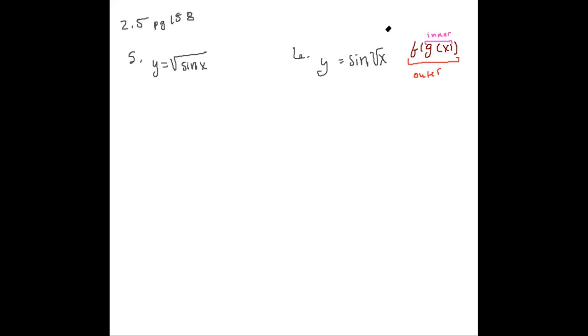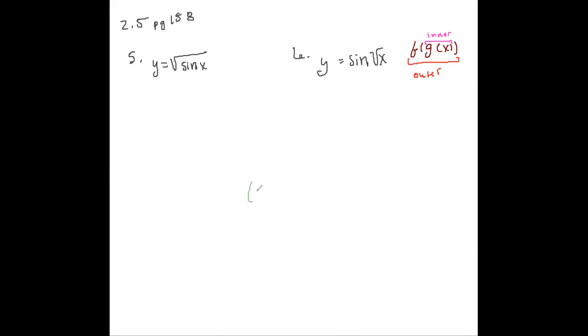Is x our inner function? Is that function just x? The question is, what is being done to the x in number 5? Like if I were to have x squared, my function would be x squared. We can identify these if we think about the product rule.